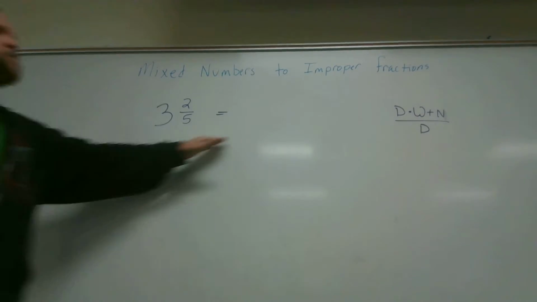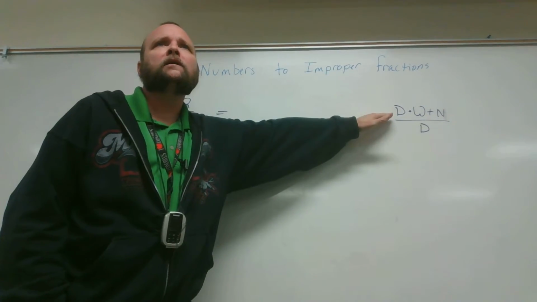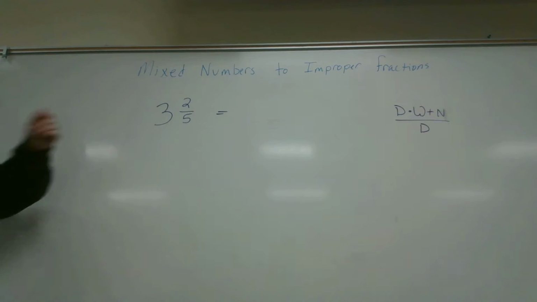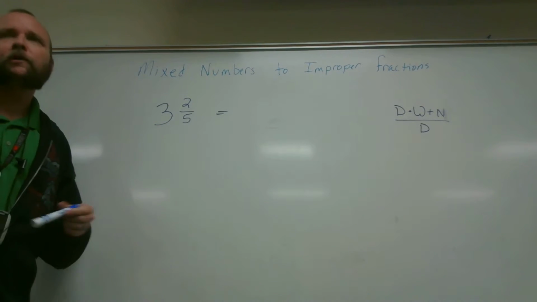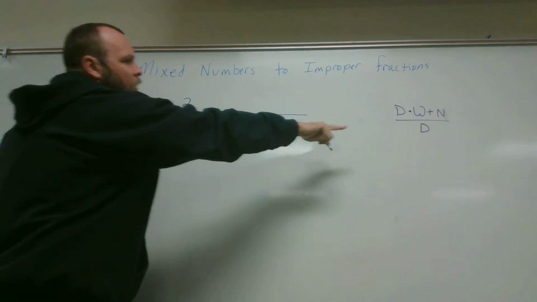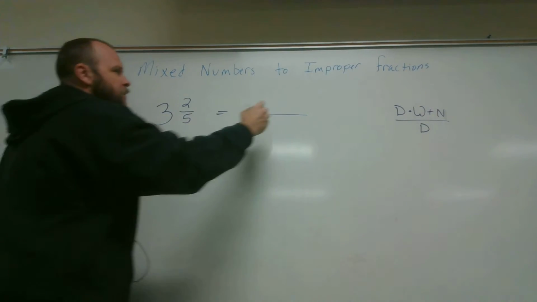Because now all we're doing is plugging in the numbers for these letters. So if we take this problem here, we're changing mixed number to an improper fraction, 3 2/5. Following the pattern, our denominator is what's going to go on the bottom. It's the same thing. It's 5.